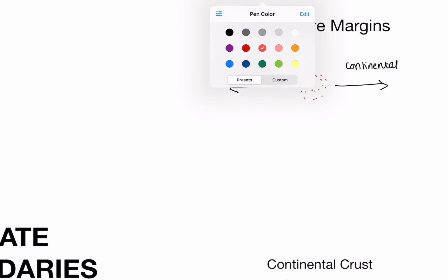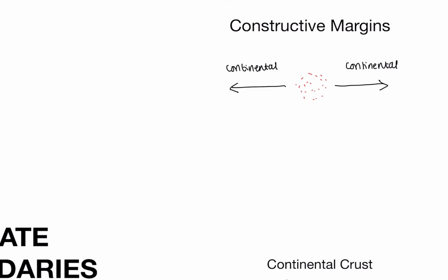Over a period of time, it's going to cool and condense, and again it's going to form a volcano in the gap that's left. Not only will that form a volcano, it's also going to create new crust here, isn't it? Constructive margins, because they're building, are generating new crust, and in this case it's in the form of a volcano.